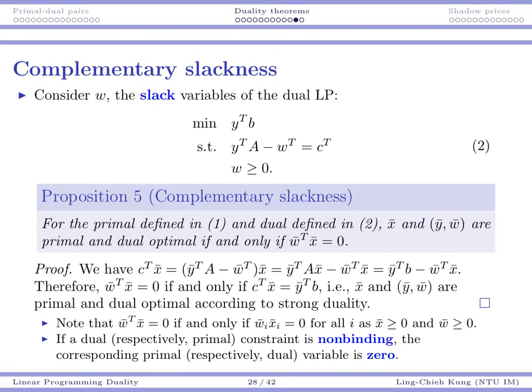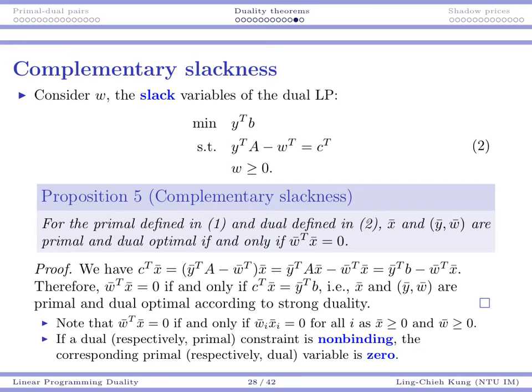X is primal solution. If your primal problem has n variables, then you know in your dual program you have n constraints. And each constraint has one slack variable. So the dimension of X and W are the same. So that's why they can do an inner product.